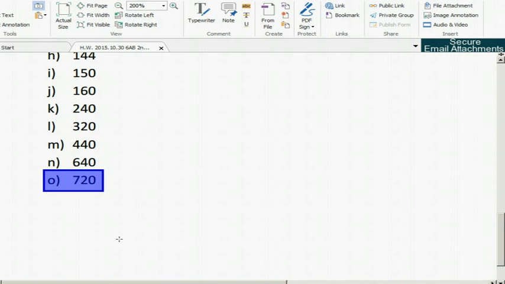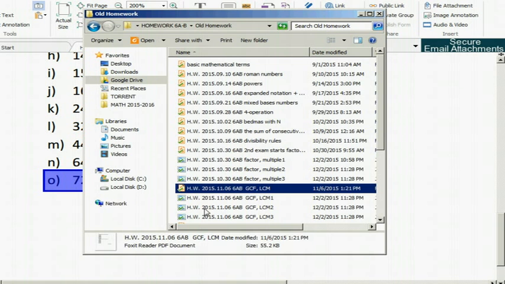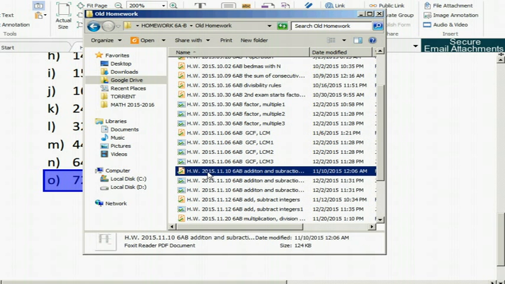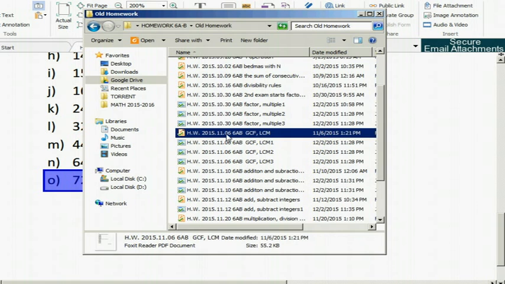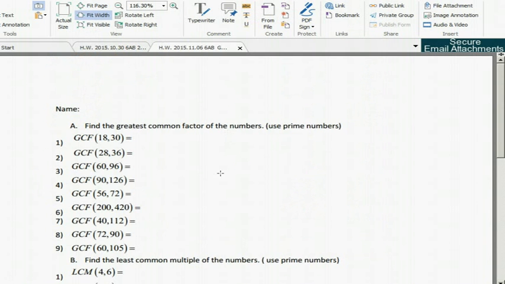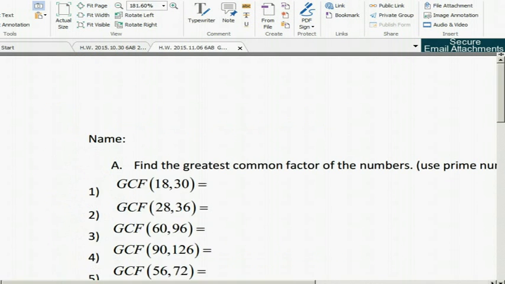Now, everybody, this was the first homework. Now, the second homework to study: GCF and LCM, greatest common factor and least common multiple.